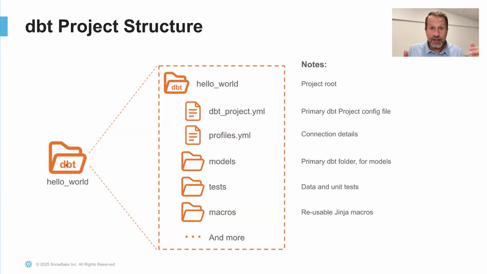And again, this is just standard DBT knowledge, but the folder that makes up a DBT project has a bunch of standard items: a DBT project config file, model folders and test folders and macro folders and all that. So all of that together is going to be represented by this one folder icon with the letters DBT in it. So as we get into this, that's what that represents.